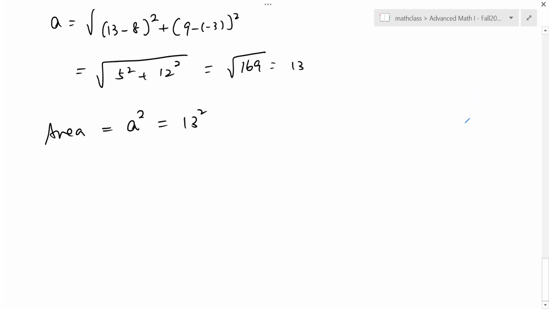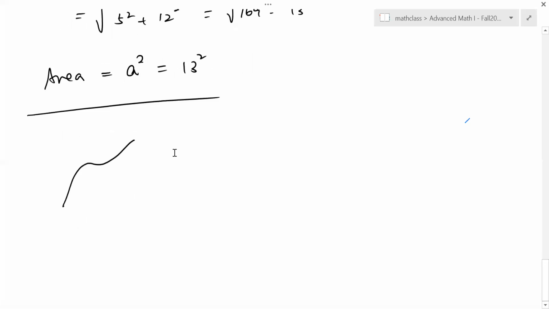All right, so this is about coordinates of the points and how to use them to calculate the area. Now for a curve in the xy plane, we can describe it by an equation.